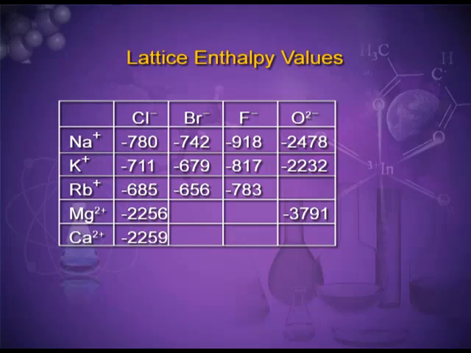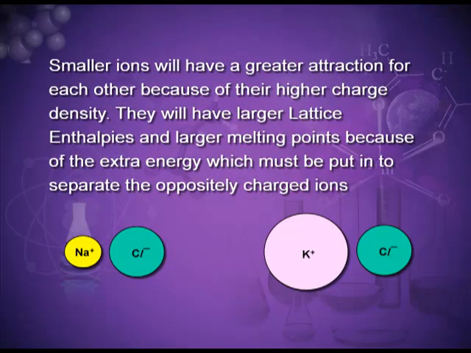Smaller is the ion, higher is the charge density, then stronger is the bond and higher is the lattice enthalpy. Let's see from the figure also. In the figure you can see that the size of the sodium ion is smaller than the size of the potassium ion, although both have +1 charge. Both are making a bond with the chloride ion.